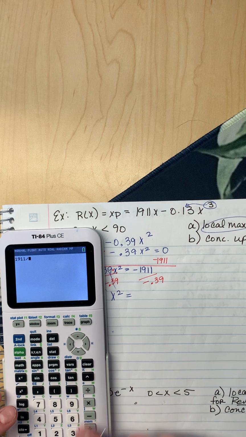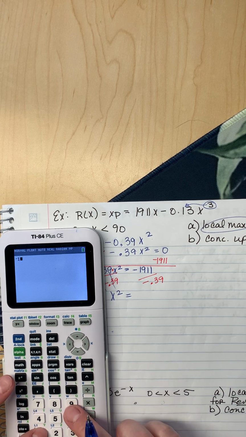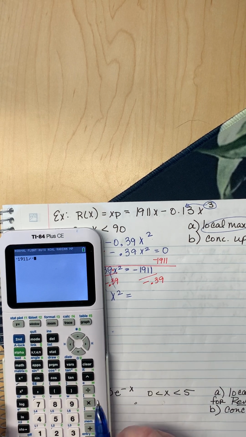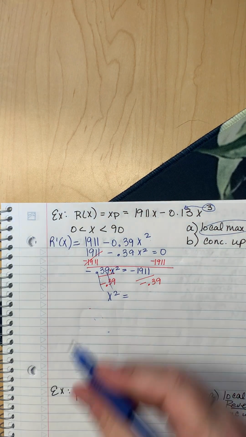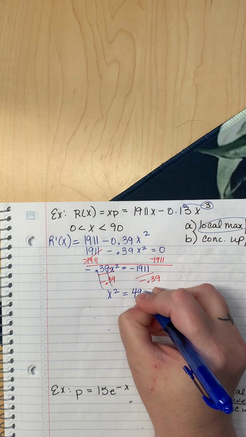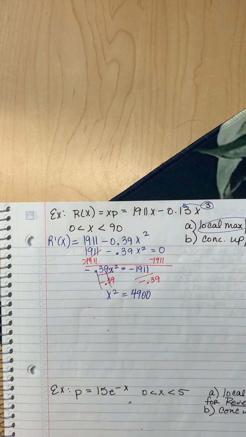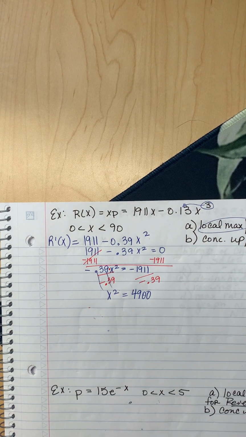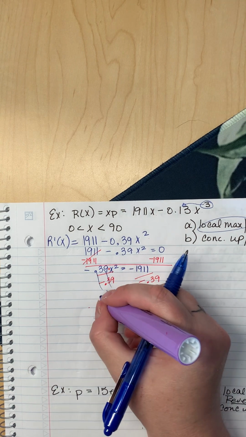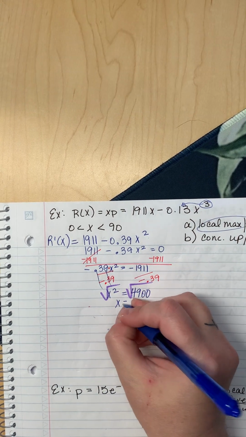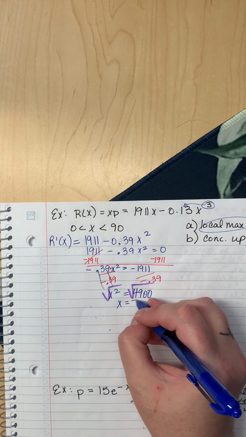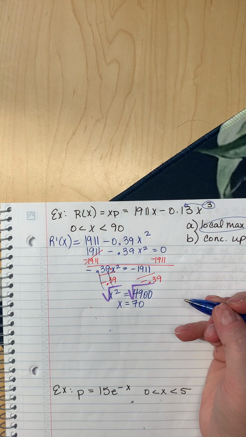Negative 1911 divided by negative 0.39 is 4,900, so x squared equals 4,900. But x is still not by itself. To get rid of the tiny 2, we take the square root, and the square root of 4,900 should be 70.